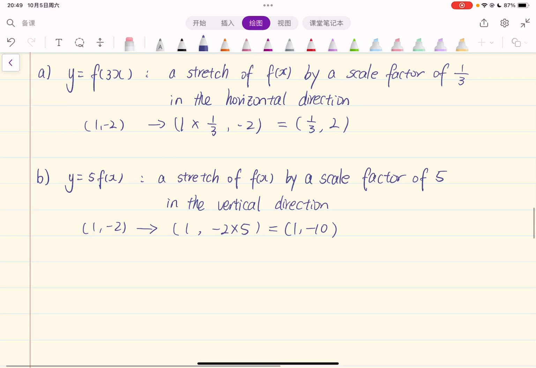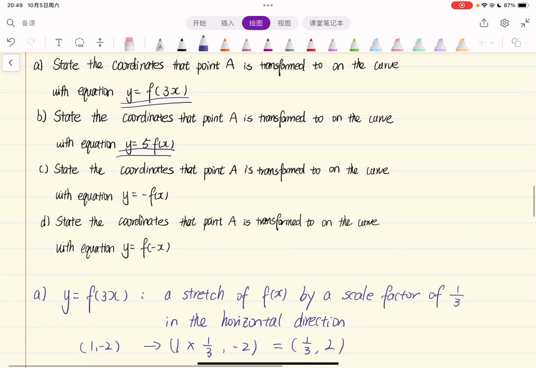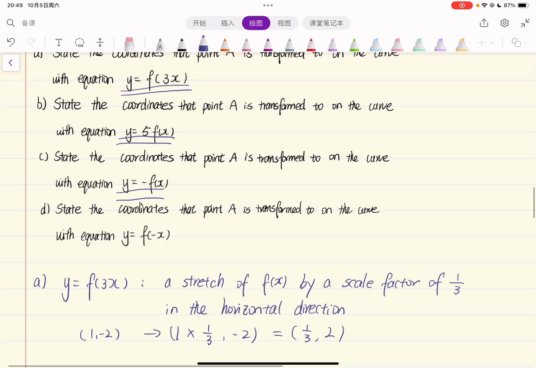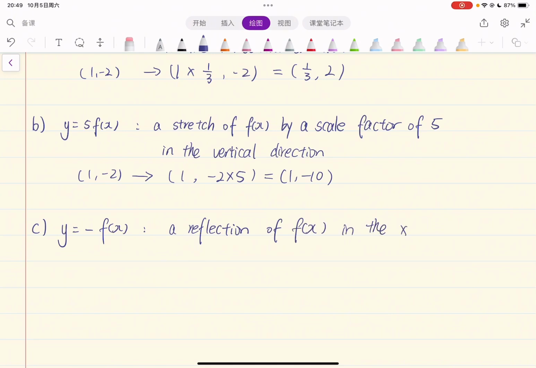For part C, similarly, the equation y equals minus f(x) is a reflection of f(x) in the x-axis.